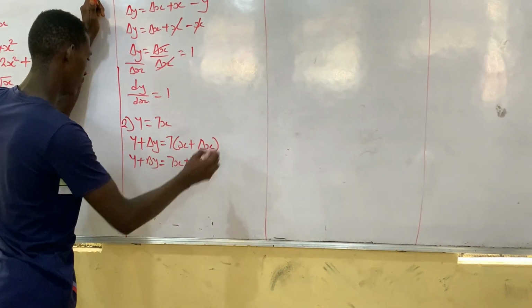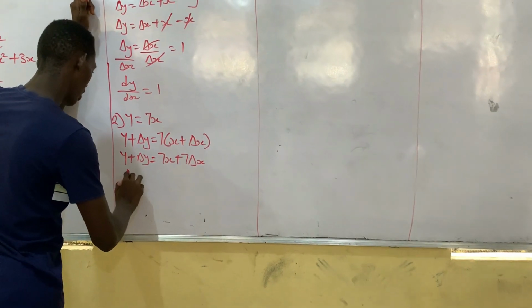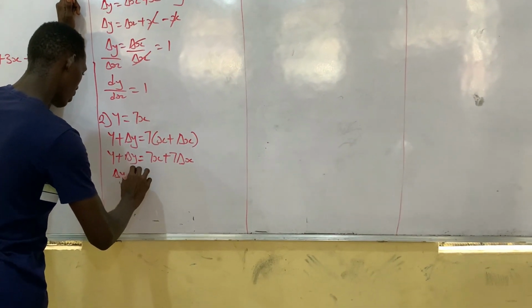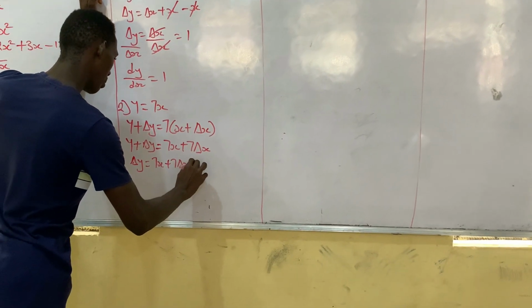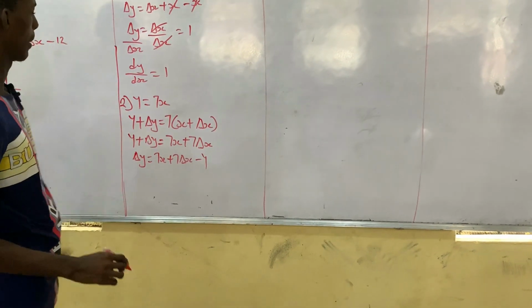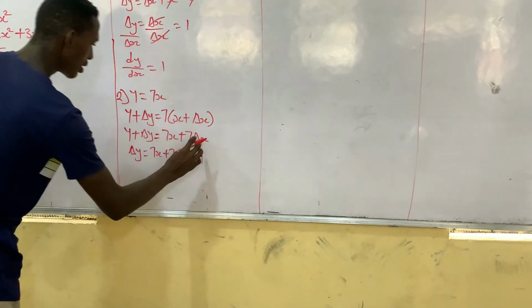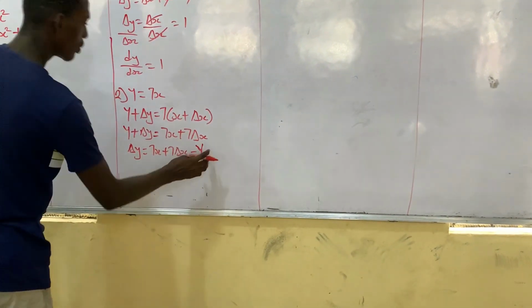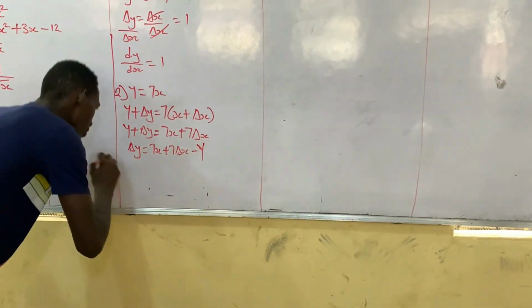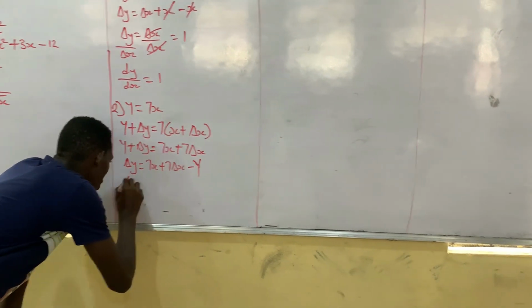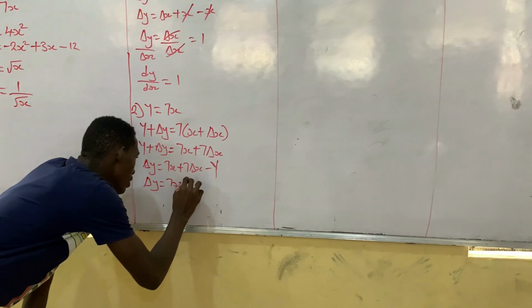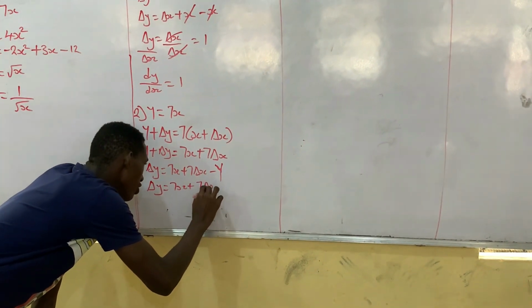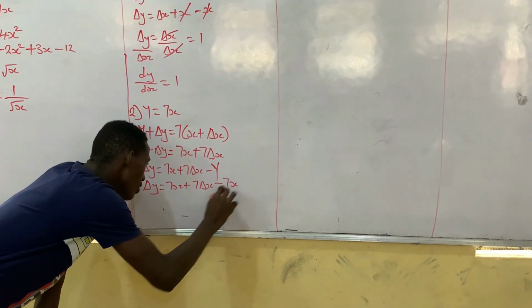Now we take this to the other side, that becomes change in y is equal to 7x plus 7 change in x minus y. What do we do next? We convert this y to our 7x. And that gives us change in y is equal to 7x plus 7 change in x minus 7x.